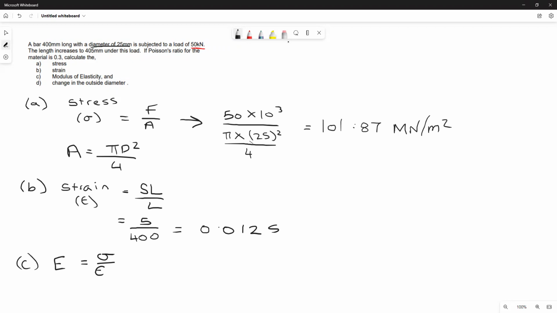So in this case, it would be 101.87, which is the value of stress that we got initially, divided by the strain, which in our case would be 0.0125.